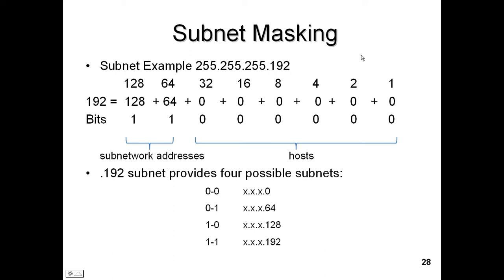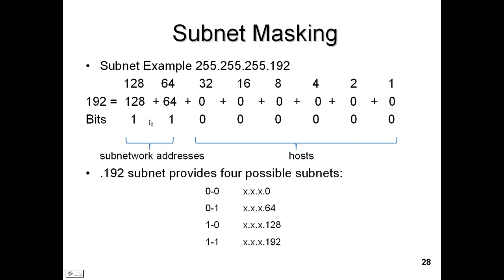What we're doing is we are going to take our Class C network, and in this example, where we're doing 255.255.255.192, we're going to take that network that can have 254 addresses, and we're going to divide it into 4 subsections or 4 subnets.